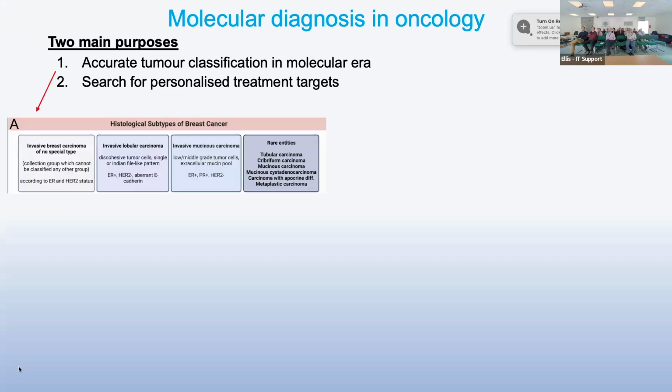So if you take the first one, old school classification of tumors, as I was trained 20 years ago, is based purely on histology and the appearances, and that does have quite a lot of clinical utility, actually.